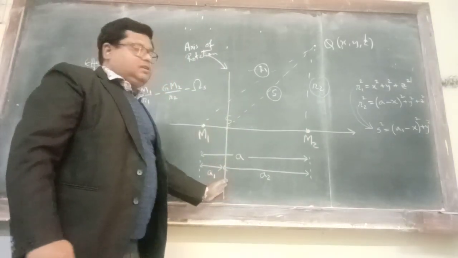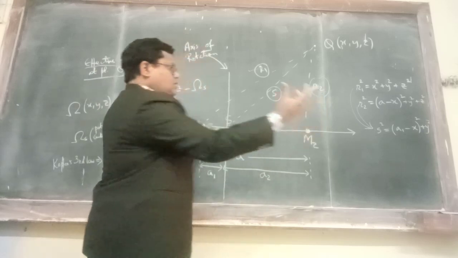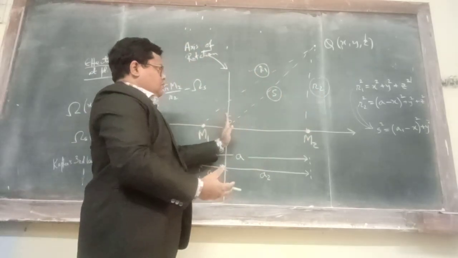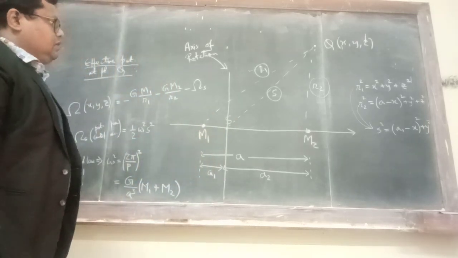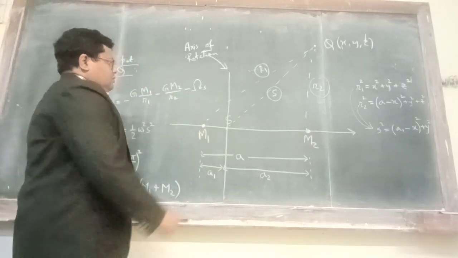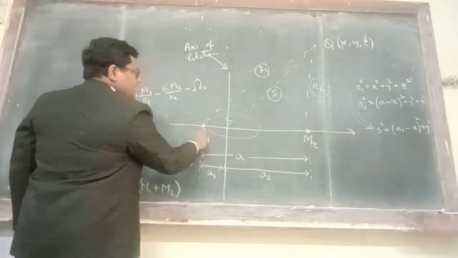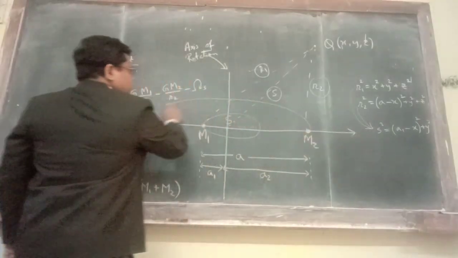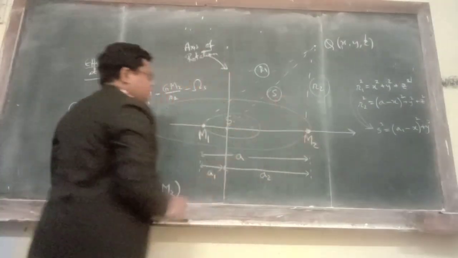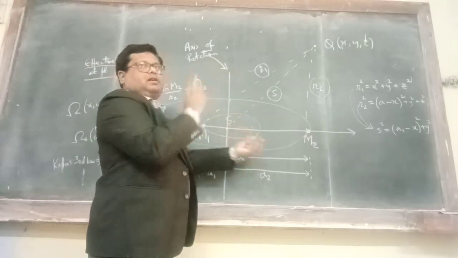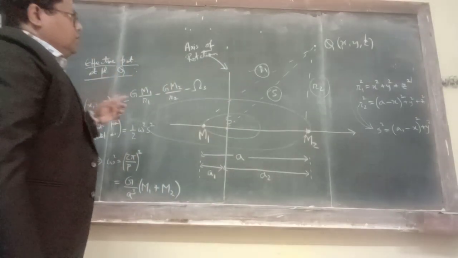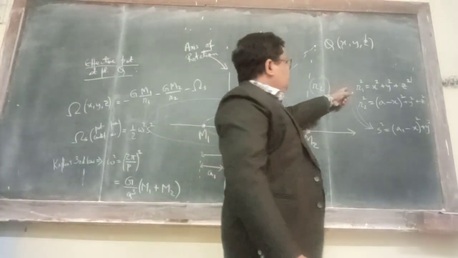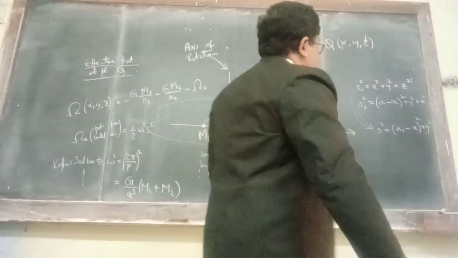The entire binary star system is rotating around this axis of rotation. You can see the rotation is like this, and similarly here the rotation is like this. So the binary star system is moving like this.